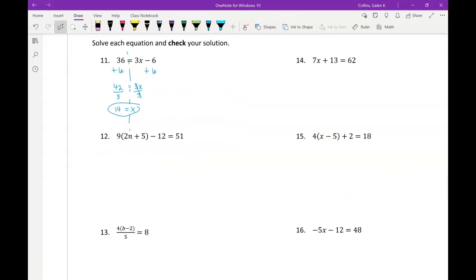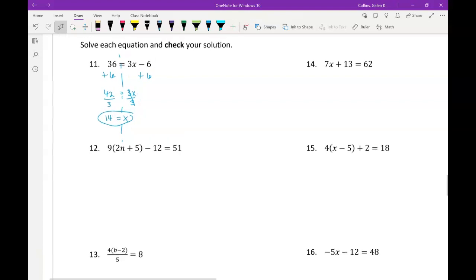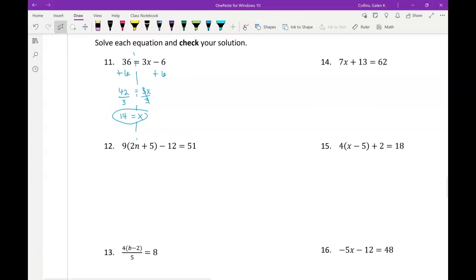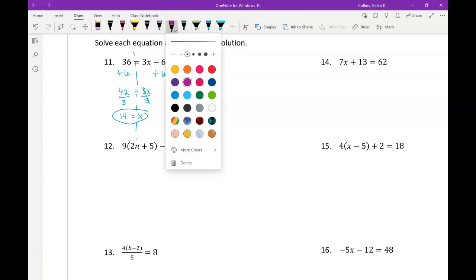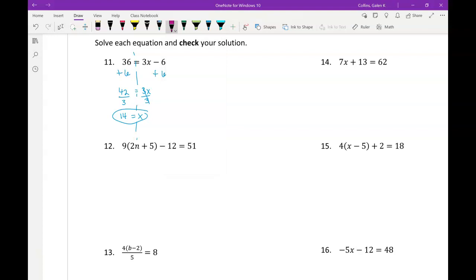All right, so in number 12, you could really do a couple things first. You could start by adding 12 to both sides, or you could distribute the 9. I would encourage you to try this one in the order that seems to make the most sense to you. I'm going to do it in maybe a different order. I'm actually going to add 12 first to both sides. So if I do that, on the left-hand side, I now have 9 times 2n plus 5 equals, let's see, 51 plus 12 is what, 63?